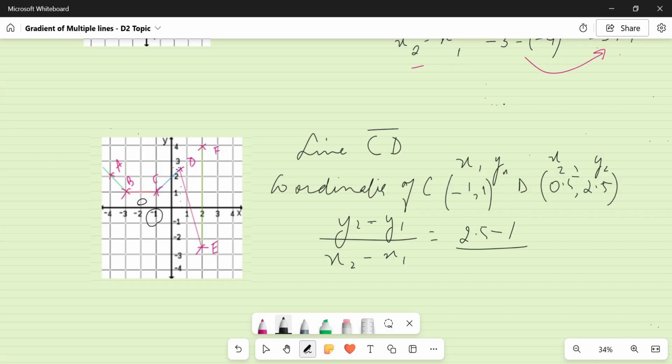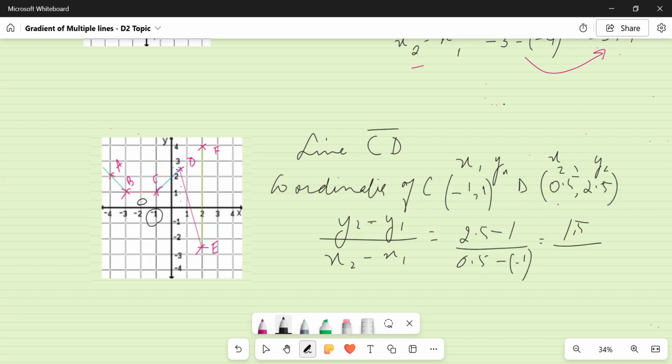Divided by x2. What is x2 here? 0.5. Minus x1 is negative 1. So negative 1 should be inside the bracket. So 2.5 minus 1, it gives you 1.5 over 0.5 plus 1. 0.5 minus minus is plus 1.